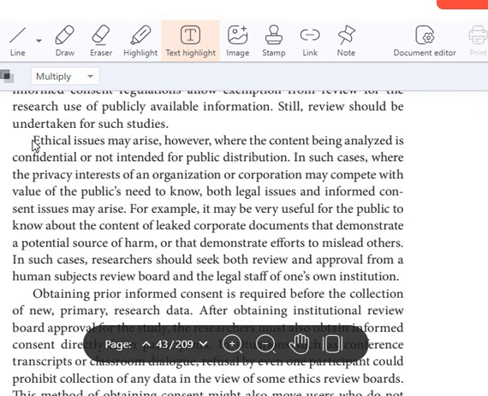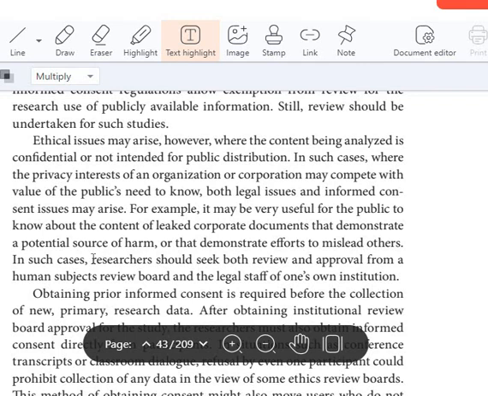In such a case we should have the approval of participants through the organization, corporation, or institution of the participants. These legal issues are so important to understand before conducting the research.